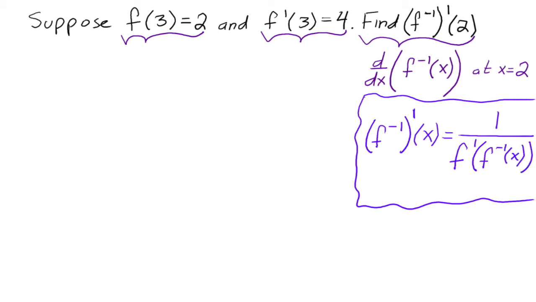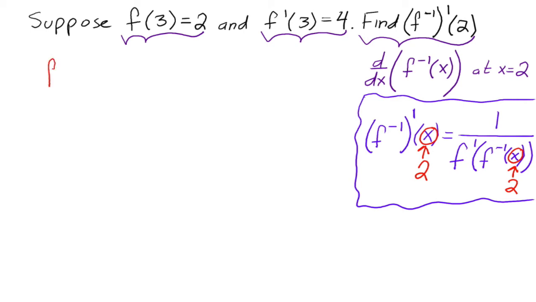Okay, so that means that we need two things. Since I'm evaluating at a certain value of x, here I'm looking for f inverse prime at 2, so then this guy is going to be also 2. So I need to find those guys. It's no problem.